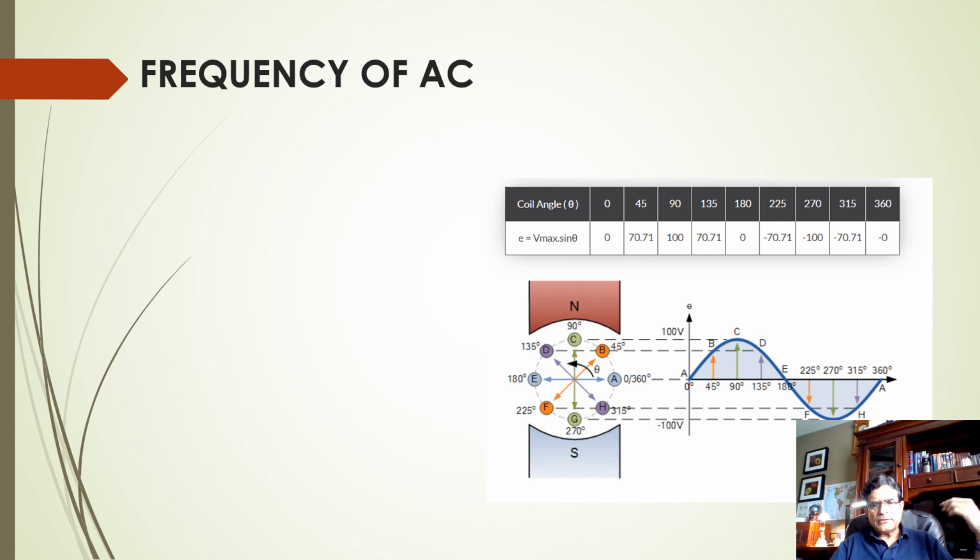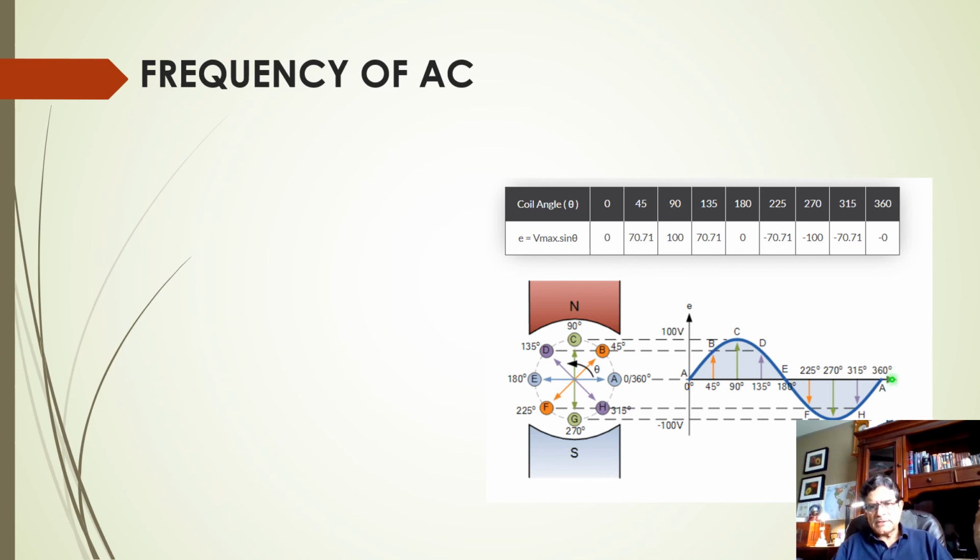What is frequency? This is one cycle, which is one complete circle of the wire. So if this coil is being rotated at like 50 times per second, it is producing 50 of these cycles per second. The frequency is 50 Hertz or 50 cycles per second.